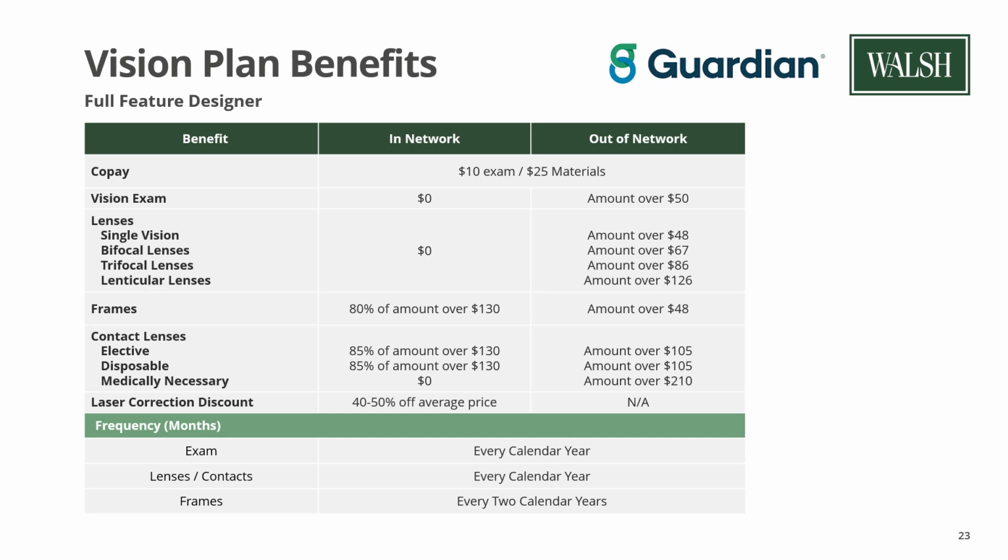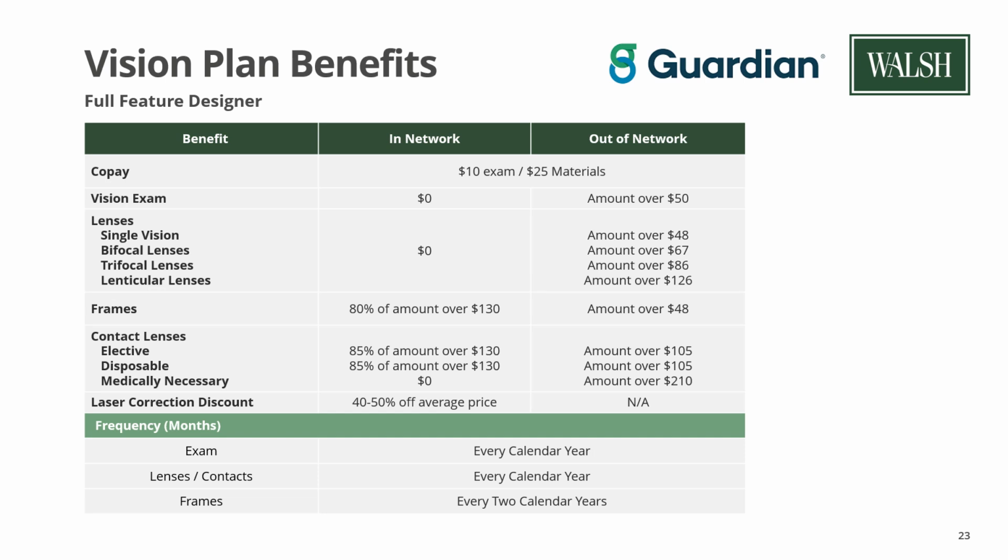The frequency of services that you can have. So an eye exam is once every calendar year. The lens and contacts is an either or benefit every year. And then the frames are every 2 years. So what that means is if you have, again, the vision benefit in 2024, you got new frames and new lenses this year.